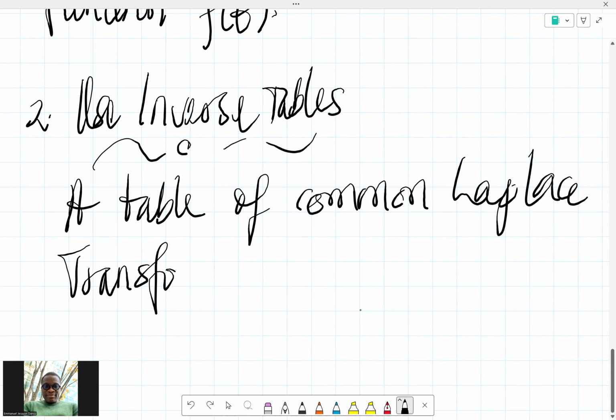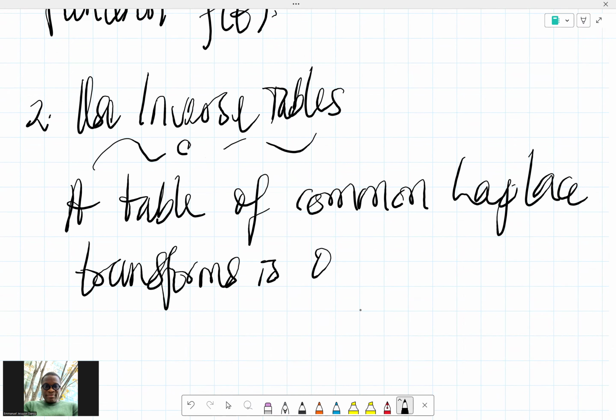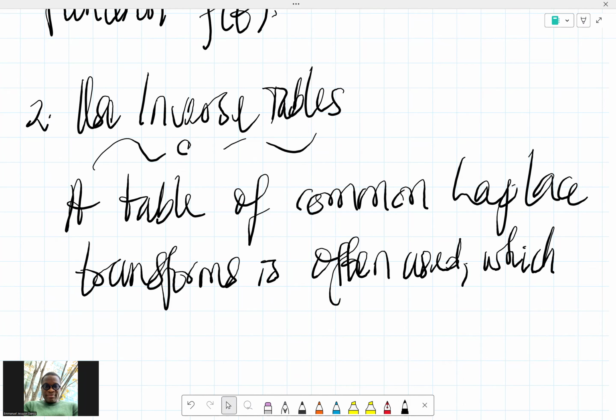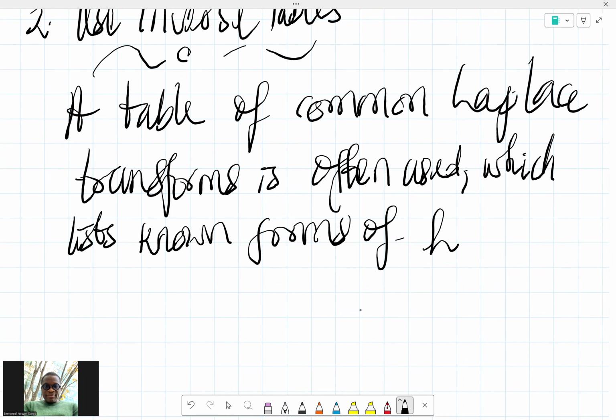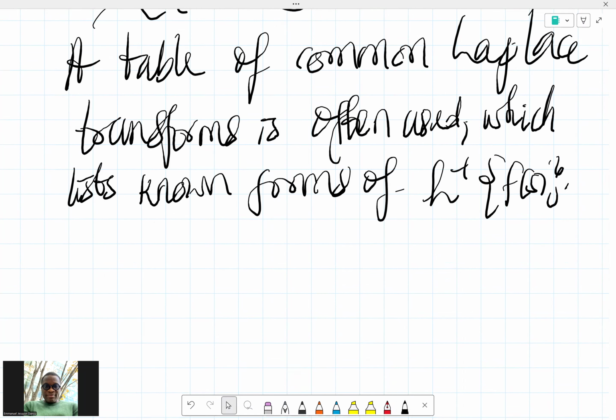A table of common Laplace transforms is often used, with lists of known forms of L inverse of F of s. Okay.